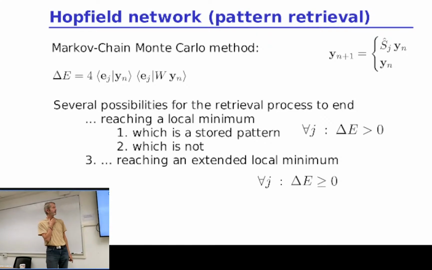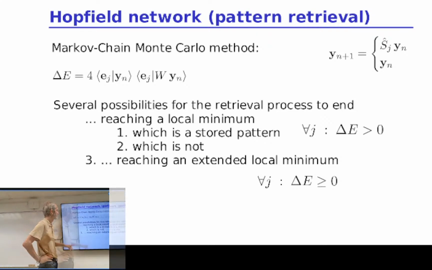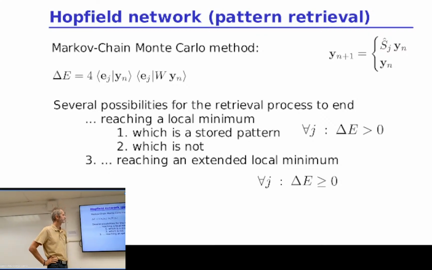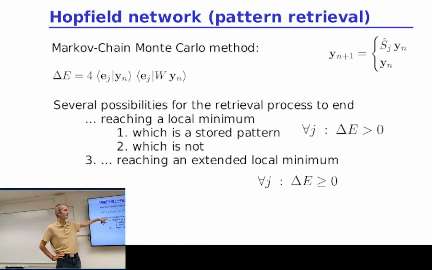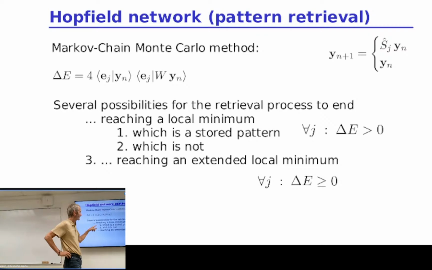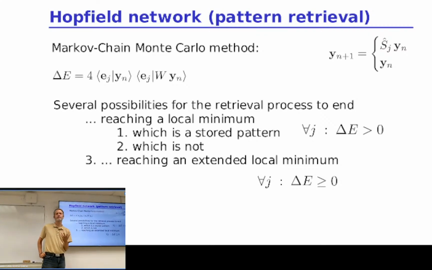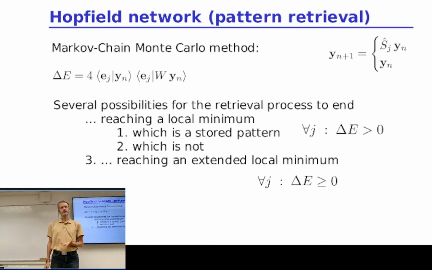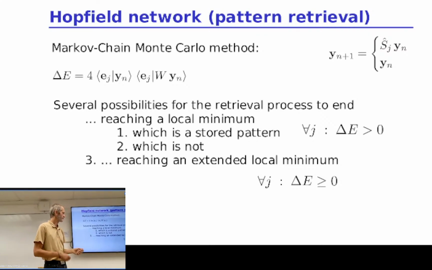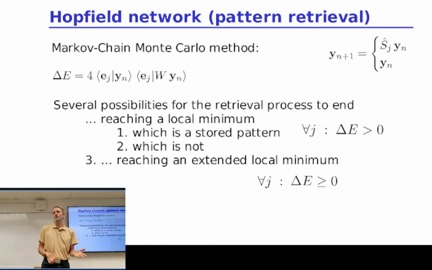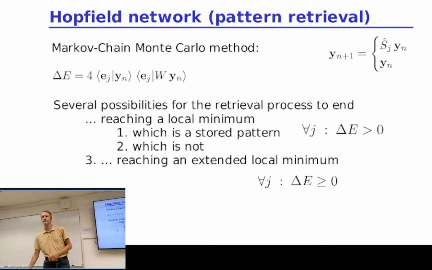Okay, so at the end, there are several possibilities for the trivial process to end. One is that you're reaching a local minimum, and then there are still two options, because this local minimum can be one of the states you stored, or it cannot be, right? If you store too many patterns, then it's quite possible that there are local minima which do not correspond to the states you wanted to store.